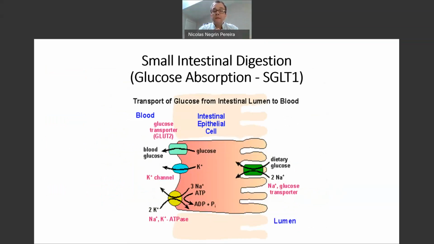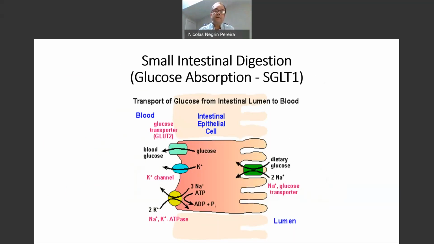And finally, the individual monosaccharides, in most cases glucose, are going to be transported by a sodium glucose transporter. 2 molecules of sodium will be used to internalize that glucose into the intestinal epithelial cells. And that's from the apical side.